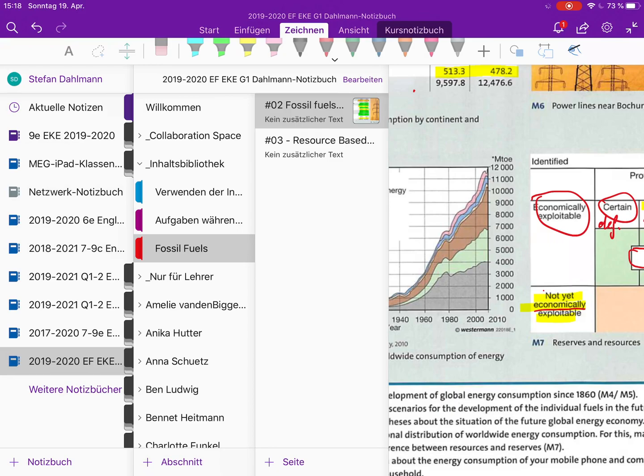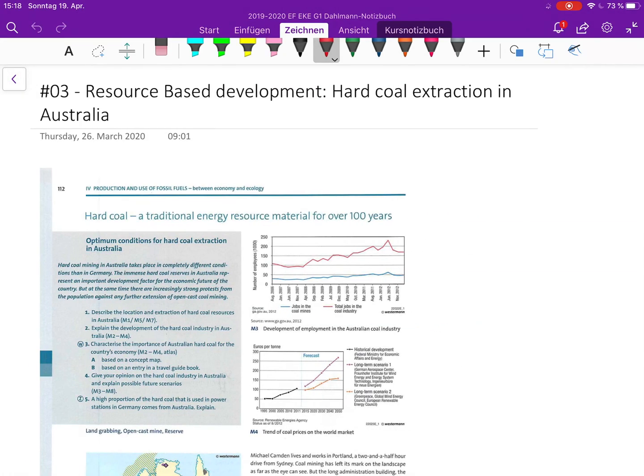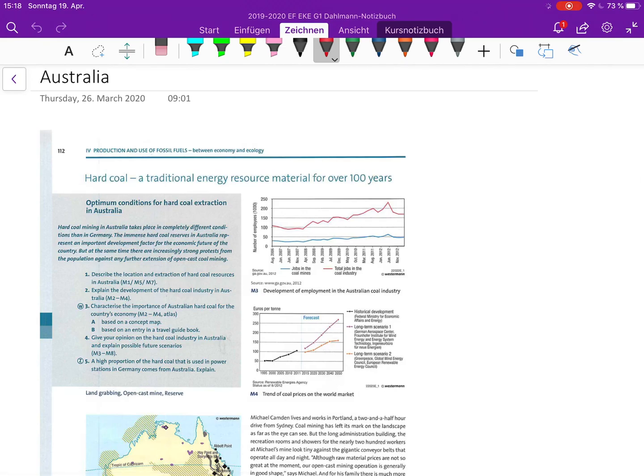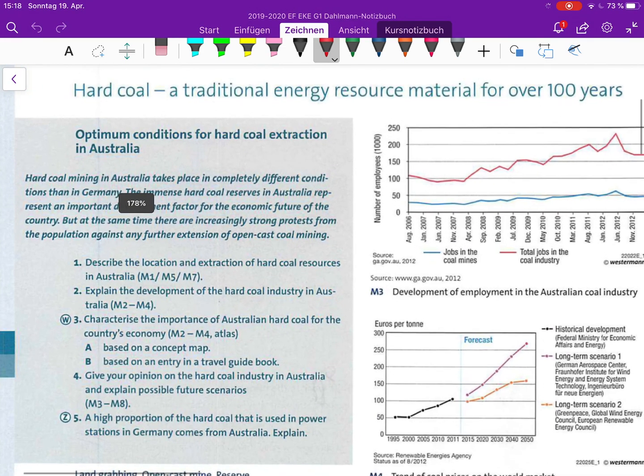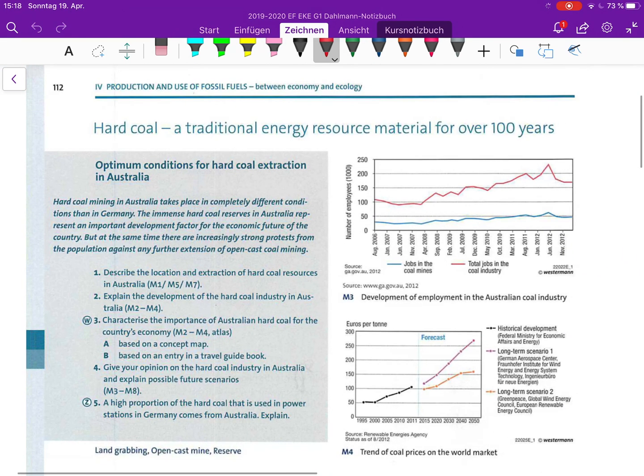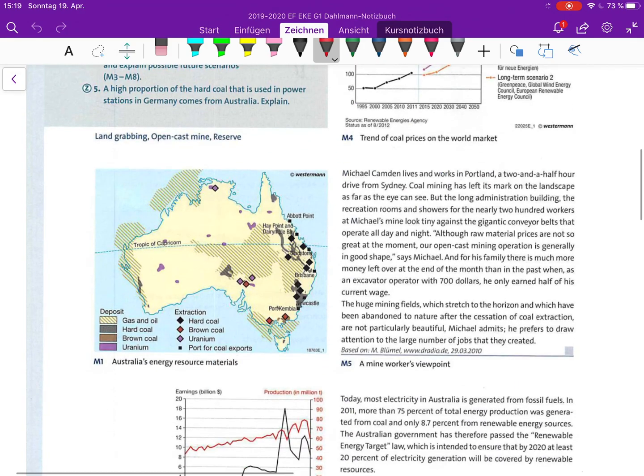So you will then see this page, and here you can use, like I'm doing right now on my iPad, a pen and I can just edit this stuff and mark it. So exercise 1, describe the location and extraction of hard coal resources in Australia, M1, 5, and 7. Let's have a look.